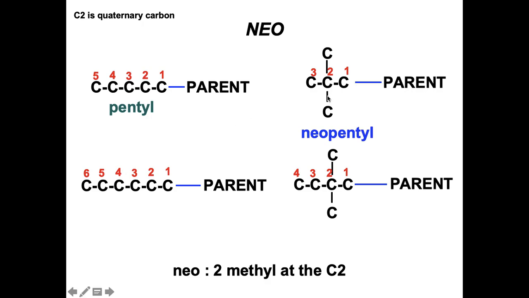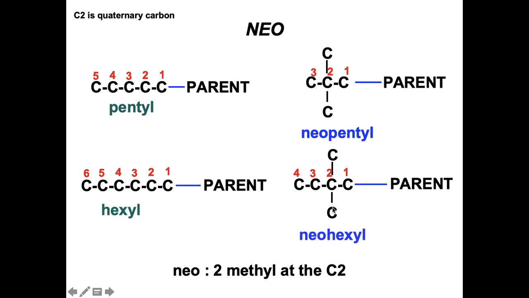This one, you have carbon number 1, carbon number 2, carbon number 3. Neo, 2 methyl at carbon number 2 branch. So 1, 2 methyl at carbon number 2. So the total number of carbons are 5, so you call it neopentyl. Pentyl 5. It's neo because you have 2 methyl at carbon number 2.